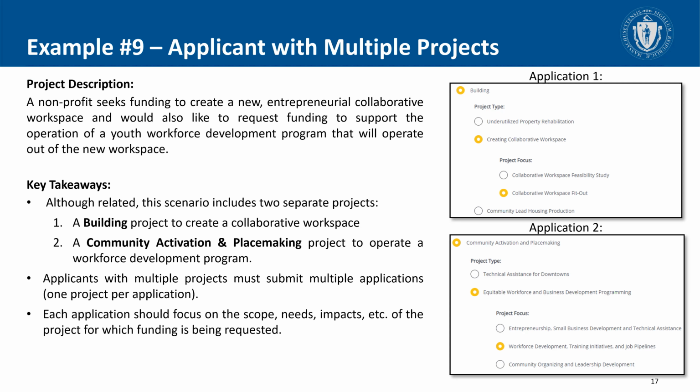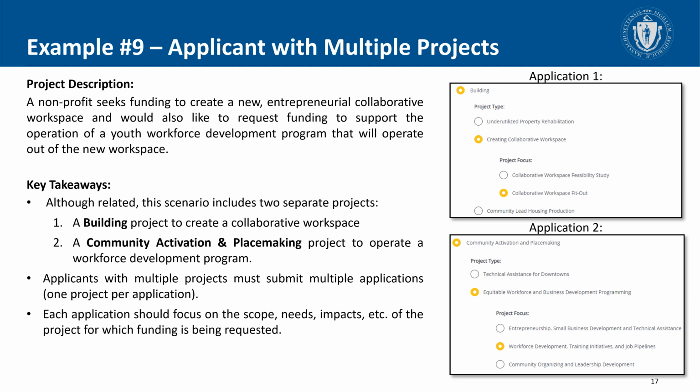The first is a project that should be submitted in the building category within the creating collaborative workspace project type. And then they'd want to select collaborative workspace fit out as the project focus as they're looking to build out a new collaborative workspace. The second project falls in the community activation and placemaking category within the equitable workforce and business development programming project type.